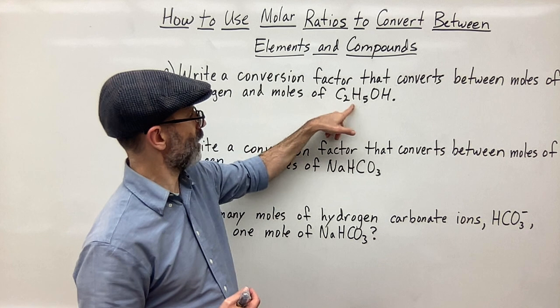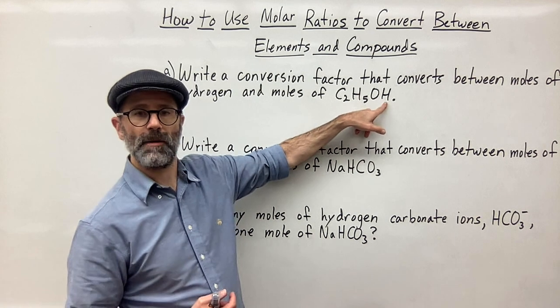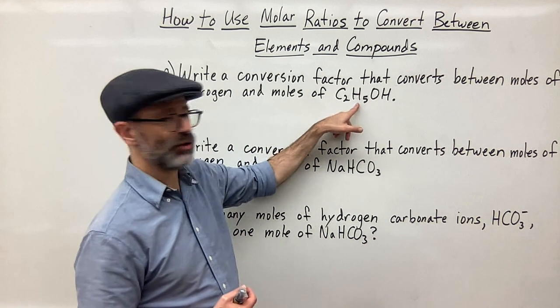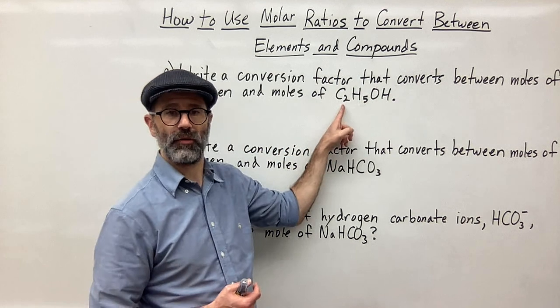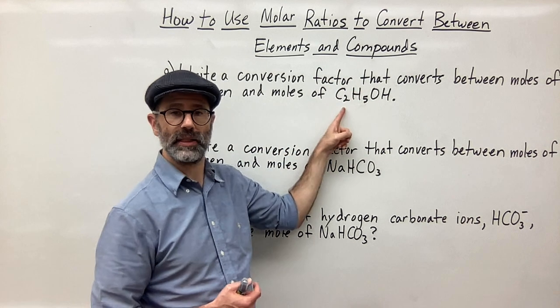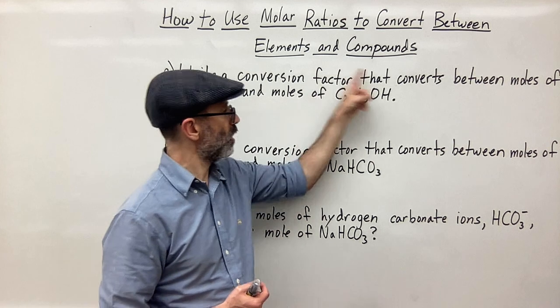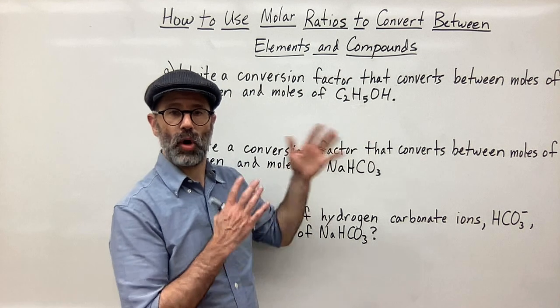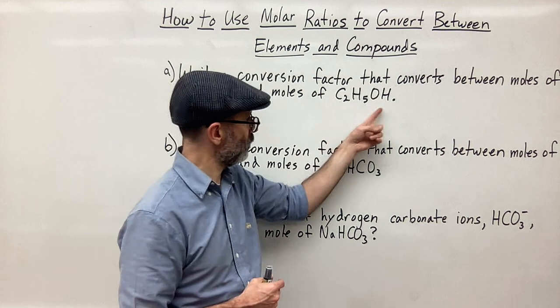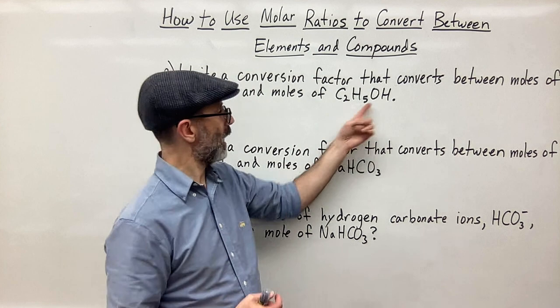We have 5 here, we have 1 here, so we have a total of 6 hydrogens. So for every one molecule we have 6 hydrogens. Well, that's a 1-to-6 ratio. So one of these to 6 hydrogens.